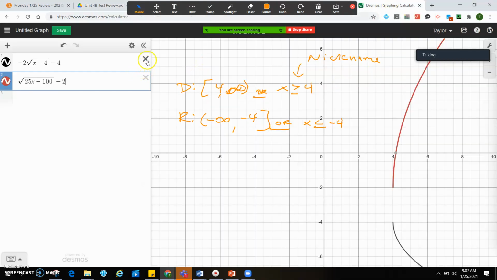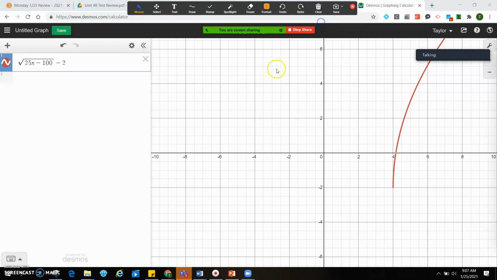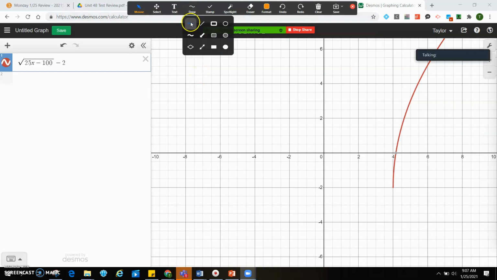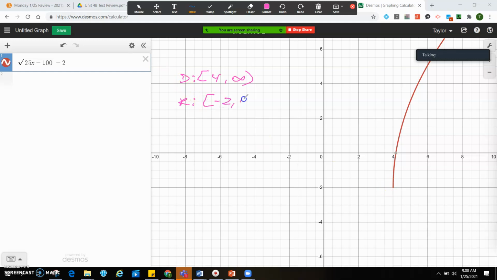Okay, so if we have this graph and we do the domain, my domain starts from 4 and goes to positive infinity. My range is going from -2 to positive infinity.